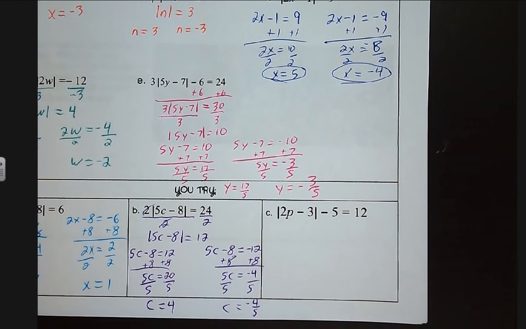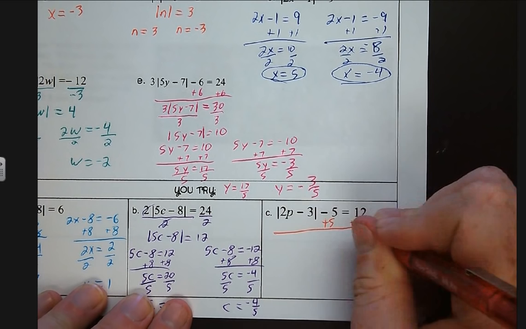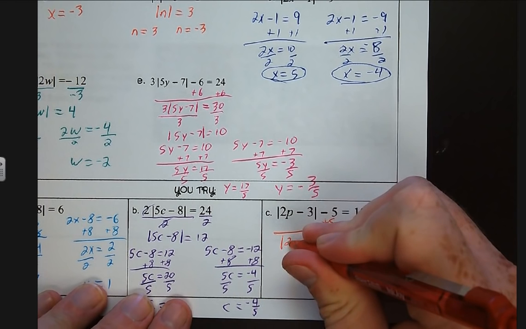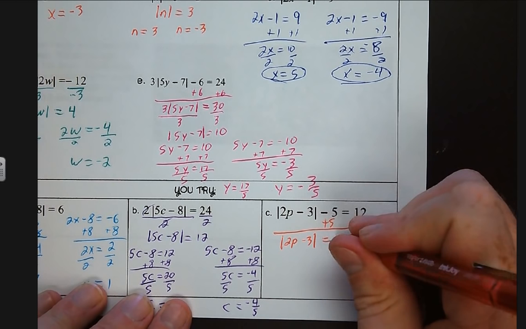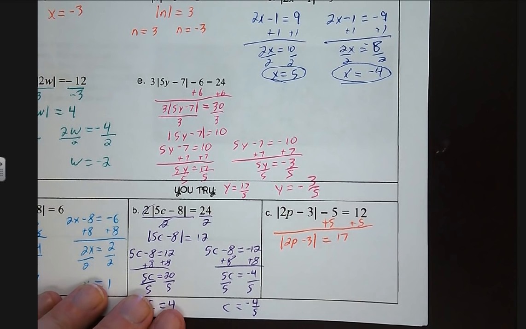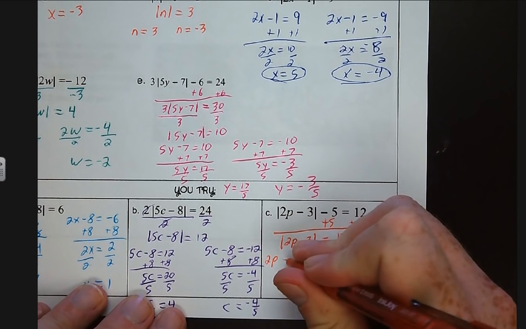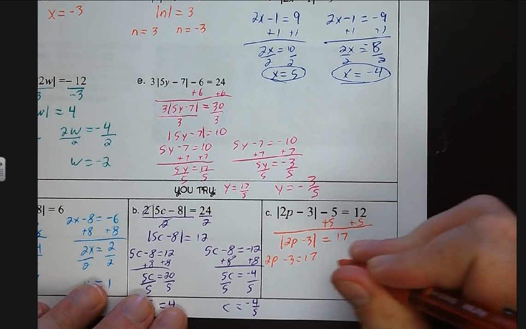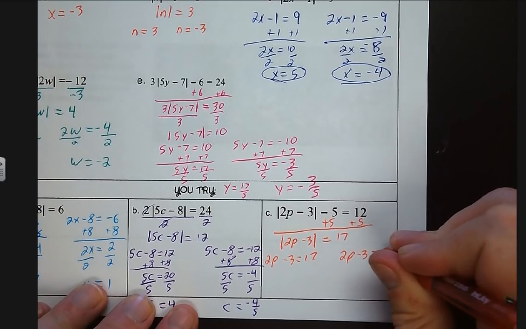Okay, letter C, we are going to add 5 to both sides of the equation. So we have the absolute value of 2p minus 3 is equal to 17. Split it into our two equations. 2p minus 3 equals 17. 2p minus 3 equals negative 17.